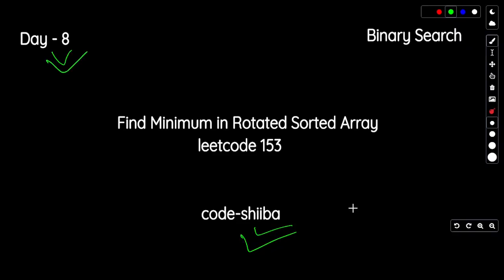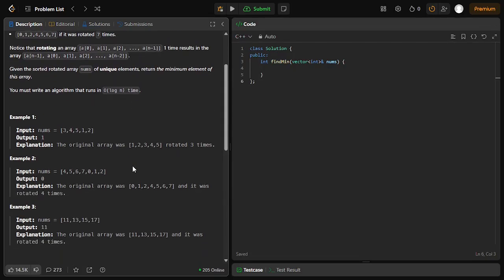The problem in front of us today is find minimum in rotated sorted array, which is leetcode problem number 153. Okay, so let's directly jump into the problem and see what it is. The problem states that we will be given an array which is rotated and sorted like this, and we need to find the minimum element within this array.